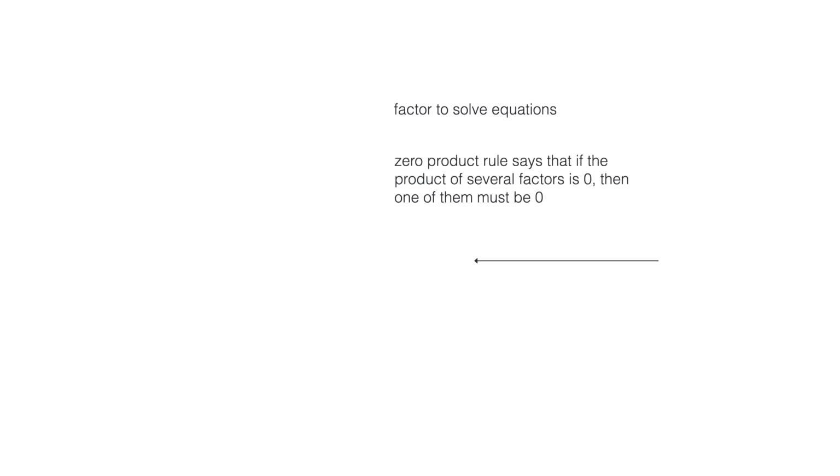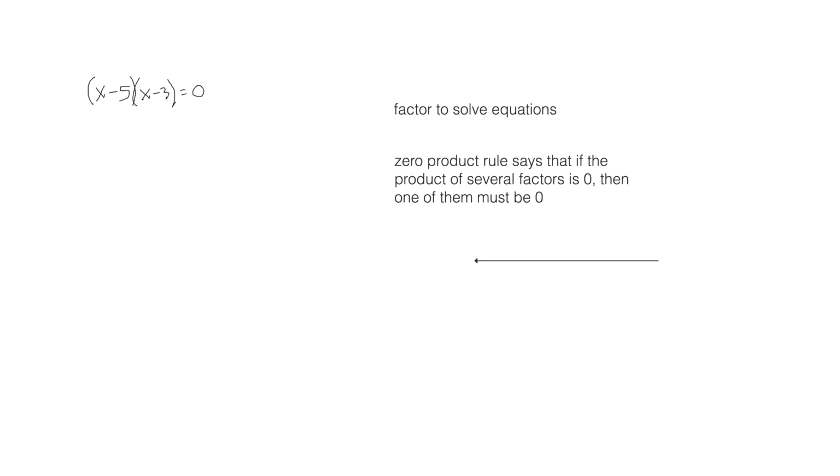I will start with one thing, and this is a product, so that means I'm multiplying, right? x minus 5 times x minus 3 equals 0. So the zero product rule says that if I multiply this factor times this factor and I got 0, then one of them has to be 0.